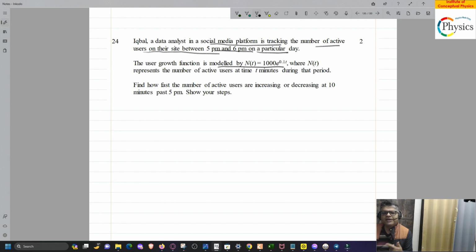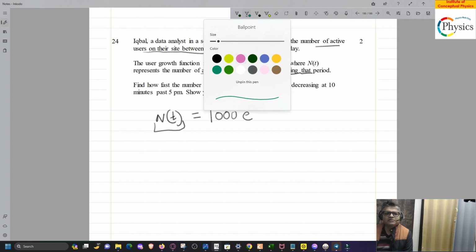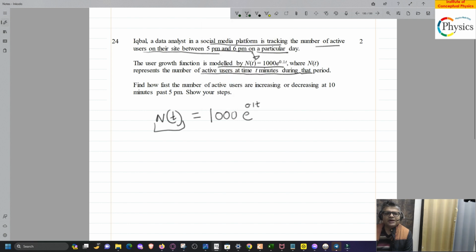So the way users are growing on the website has been mathematically modeled as this quantity, where N(t) represents the number of active users at time t minutes during that period. This is the number of users which has been modeled for a time t.